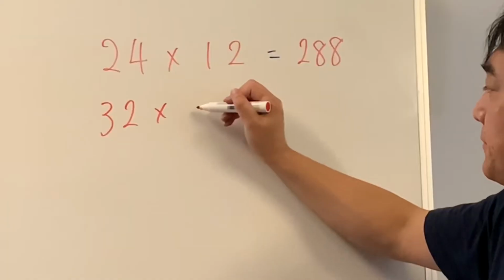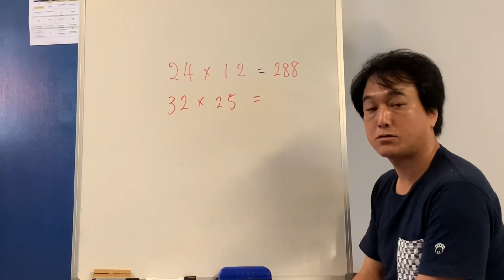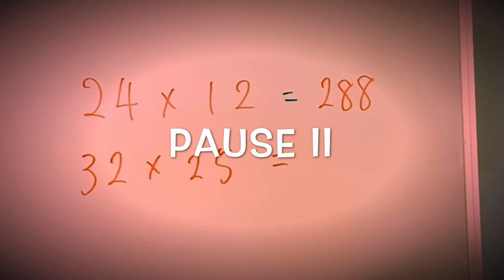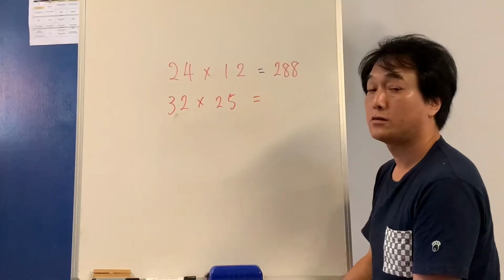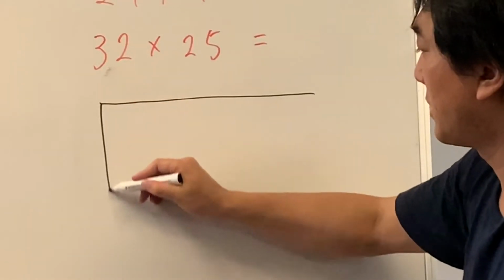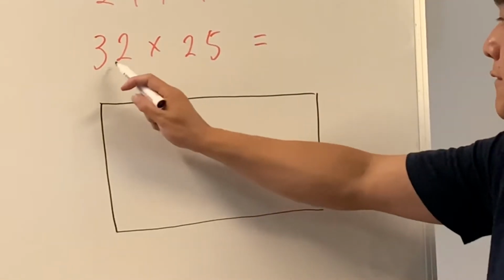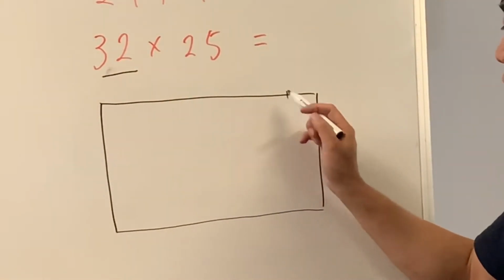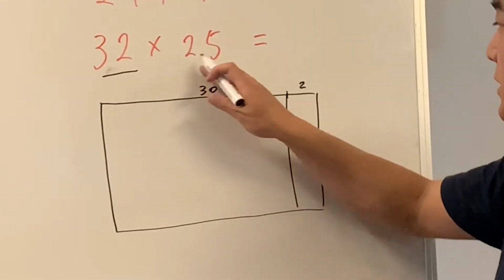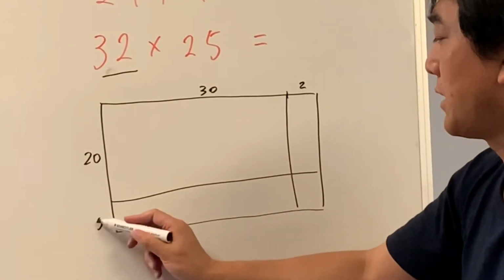32 times 25. Let's try the area model. Let's pause it. So 32 is slightly larger, so I'm going to make this box a bit longer horizontally. 32, 30 and 2. 25, I'm going to make 20 and 5.